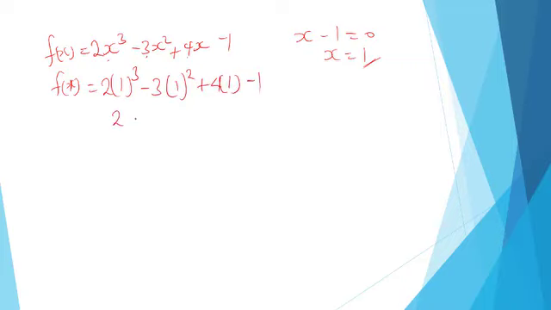Now this is 2 minus 3 plus 4 minus 1. 2 minus 3 is minus 1, plus 4 is 3, minus 1 is 2. So the remainder, if this is divided by x minus 1, is plus 2. And this was the same answer we got when we solved our formal question.